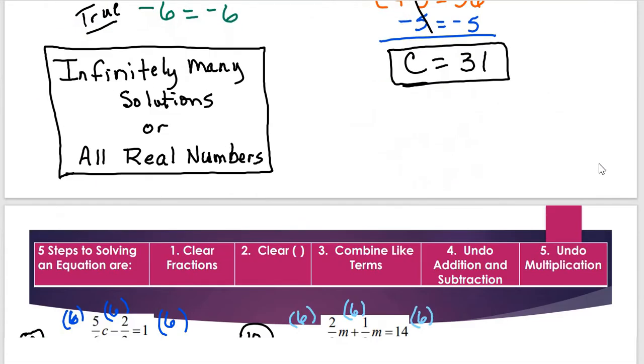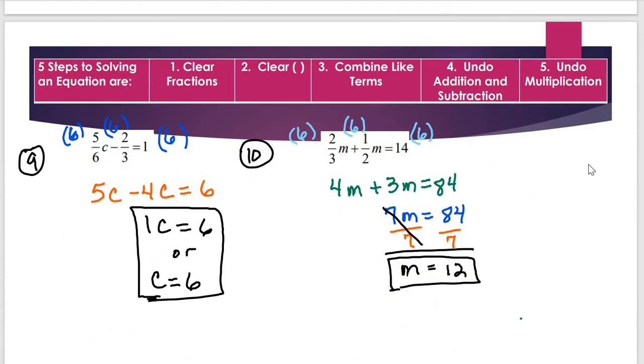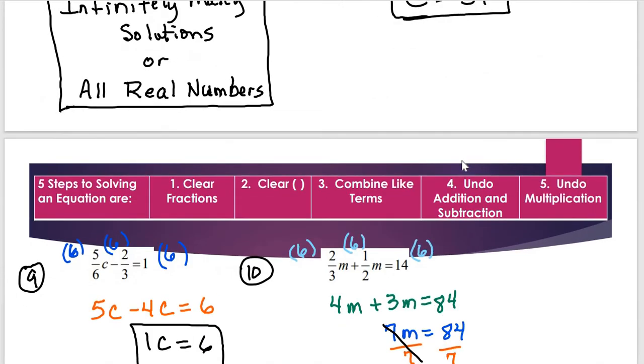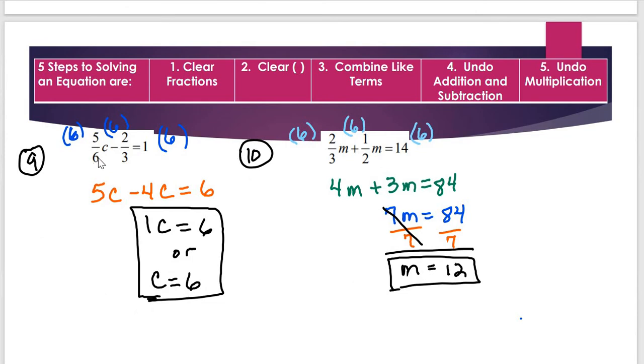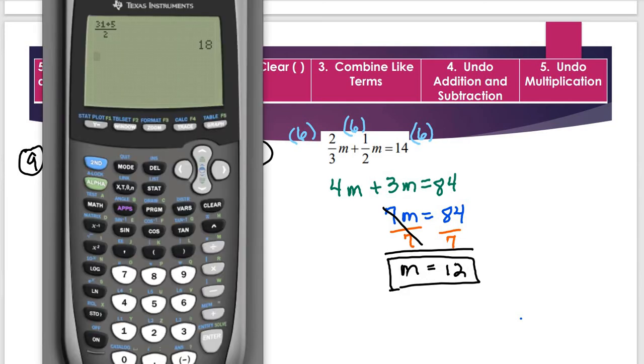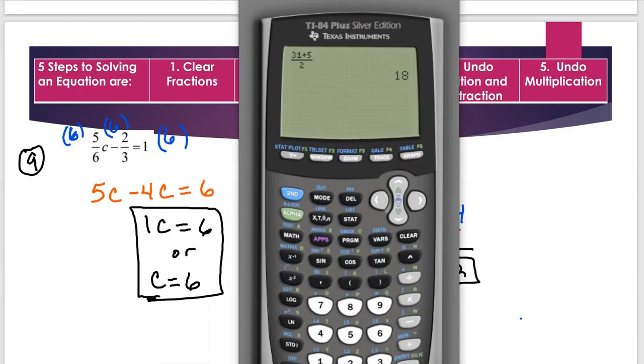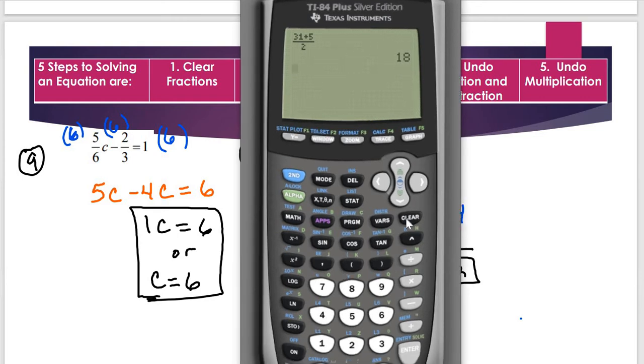So check your answers. Now, looking at number 9, here's a few extra ones right here that I threw in here to help you. And now looking at this right here, you have two denominators, 6 and 3. So just like before, pick the biggest number, and can 3 go into 6 an even number of times without being a decimal?